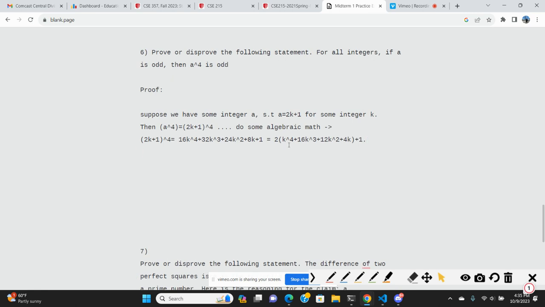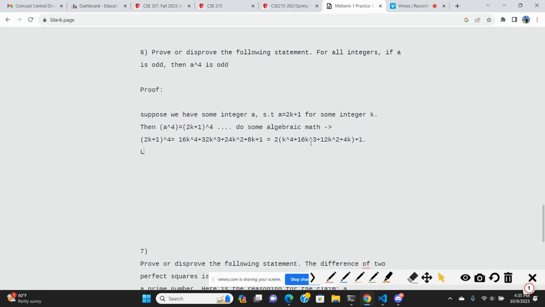So now we have this in the form of some integer in terms of k times 2 plus 1. And we now know that this is in the form of an odd integer. But we still have to explicitly say that in our proof, because in proofs we want to be extra clear so that we don't get points taken off for ambiguity.